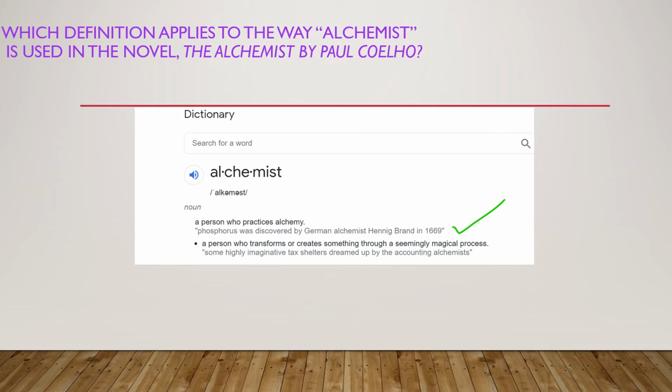So obviously from that sentence, you know that an alchemist is someone who works with chemical substances. But also, the second definition, a person who transforms or creates something through a seemingly magical process, might also apply to the way Paulo Coelho describes an alchemist in his novel.